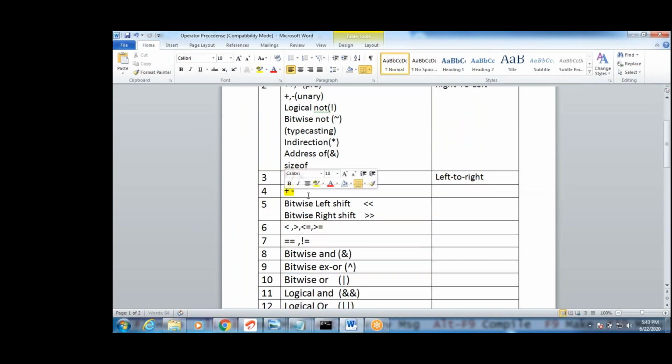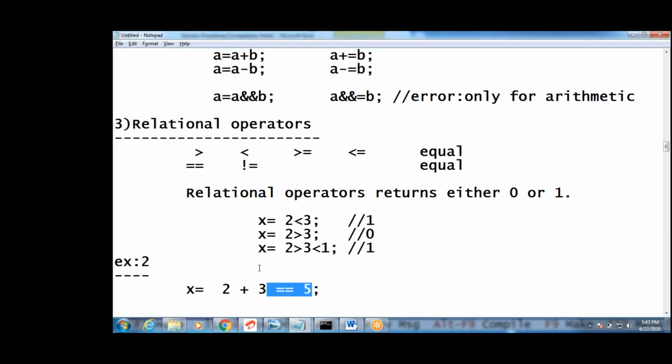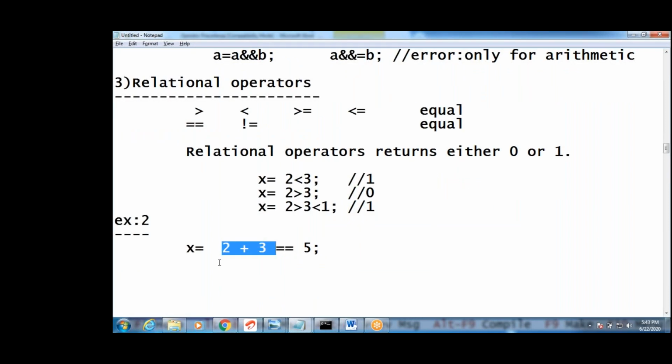Double equals is the seventh one. So addition comes first. 2 plus 3 is 5, then 5 equals 5. The answer is 1, guys.